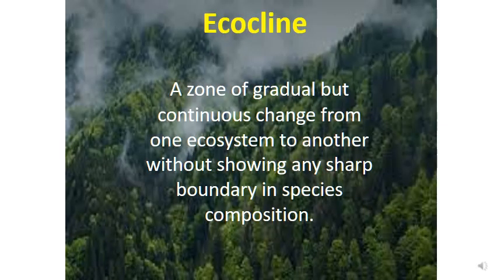Ecocline is a zone of gradual but continuous change from one ecosystem to another without showing any sharp boundary in species composition. As you can see here, there is no clear and sharp line between two habitats. One is a forest and another one is the open habitat.